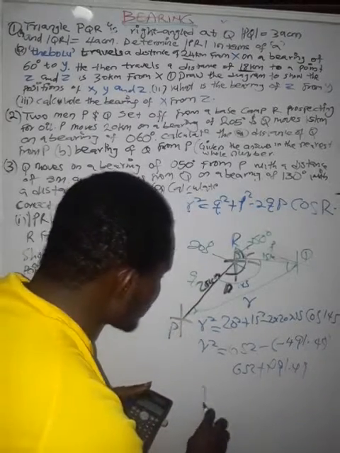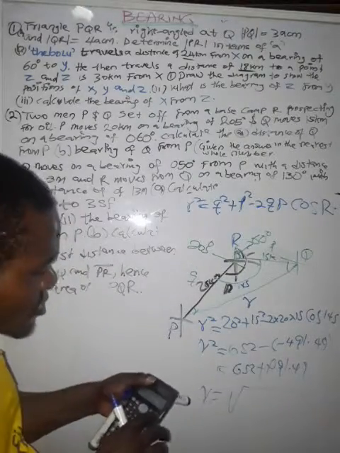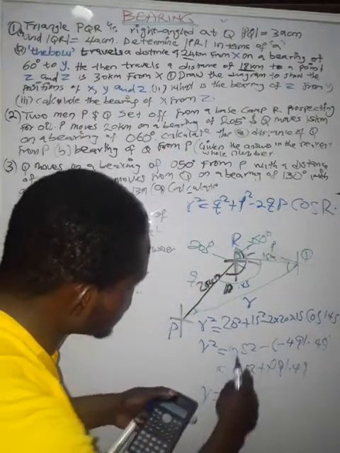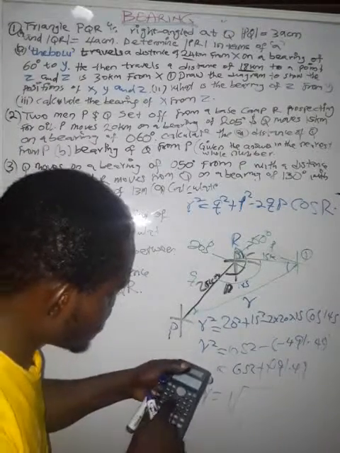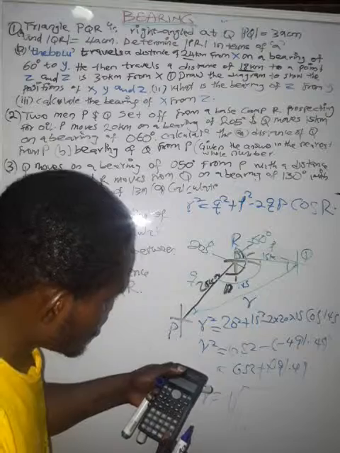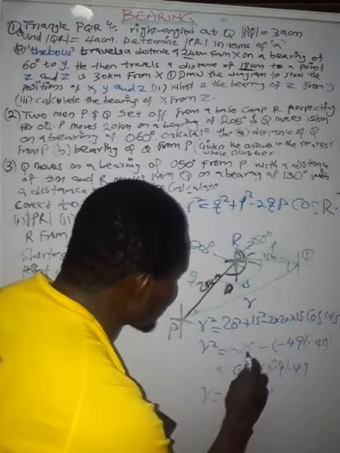So r will now be equal to the square root of whatever I get here. Let me confirm this, 20 square plus 15 square. Oh, okay, sorry, this is 625.